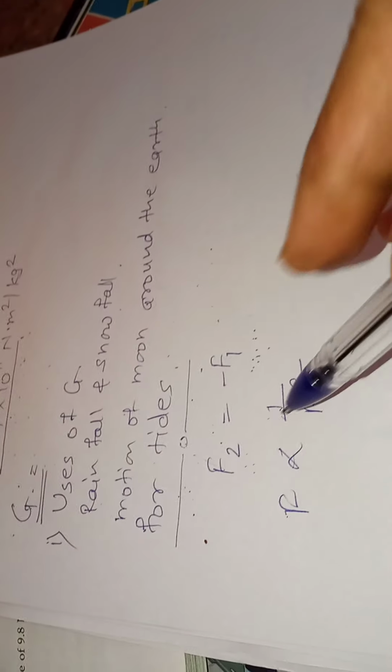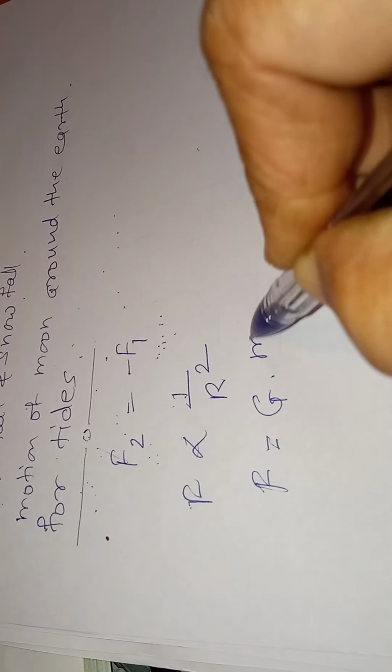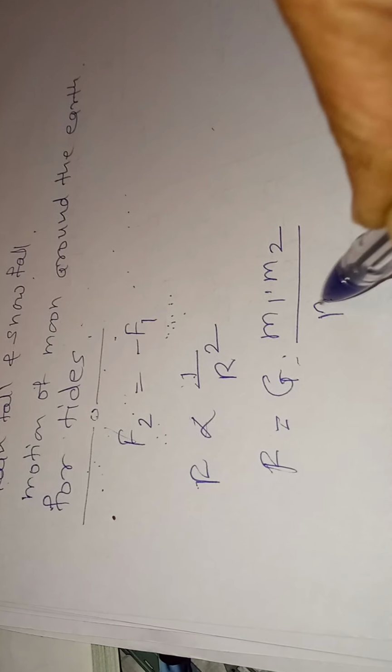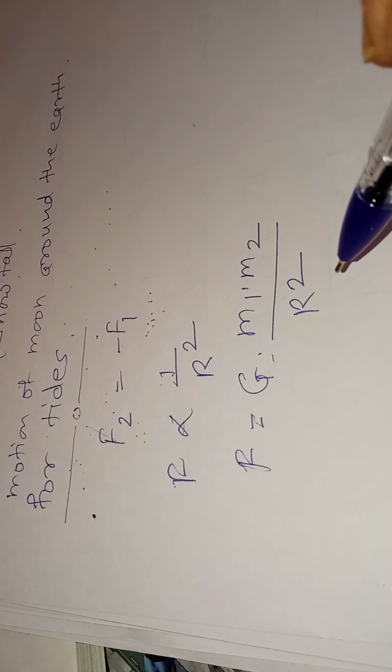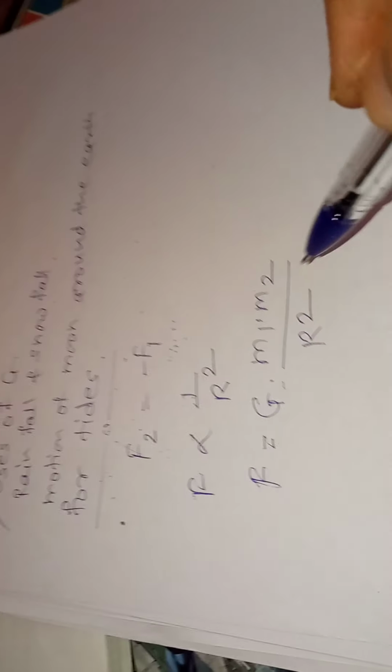Okay, now how can we find the gravitational force between two bodies? F is equal to G m1 m2 upon r square. From this, we can easily find the gravitational force between a body of 1 kg and the earth.